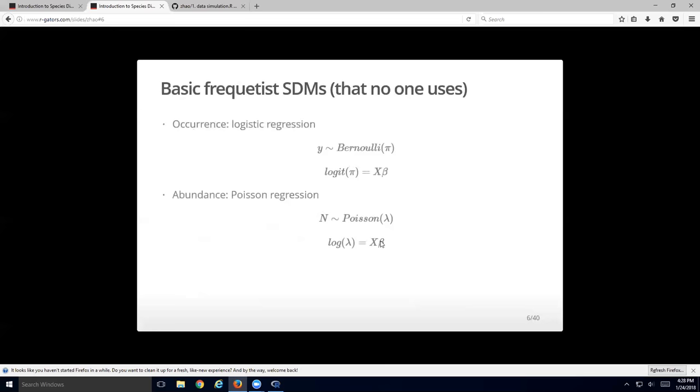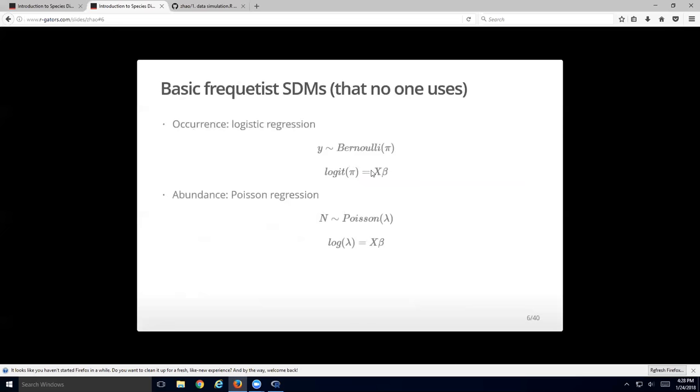The explanation. Then if your environmental covariates X cover the entire study area, you can use that relationship to predict species distribution for the entire area. So understanding and prediction, you can have both, sure.